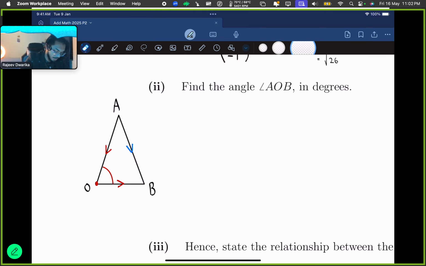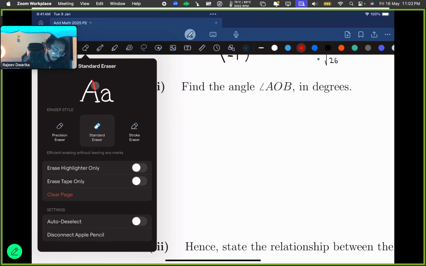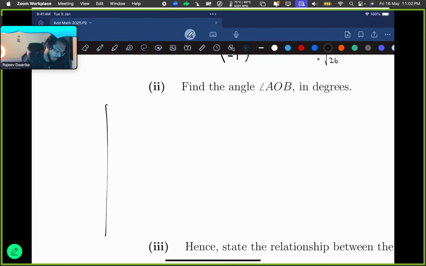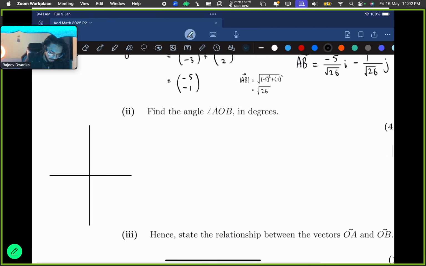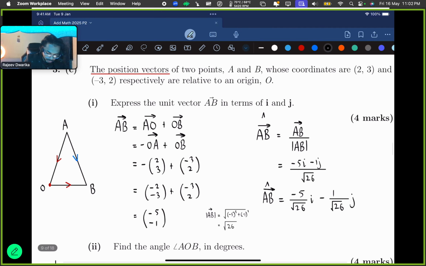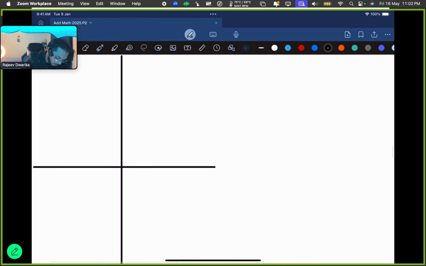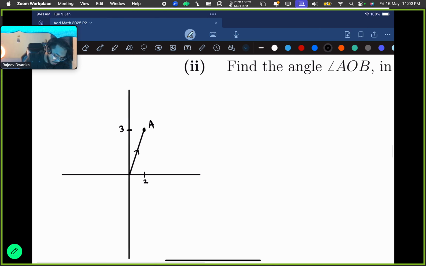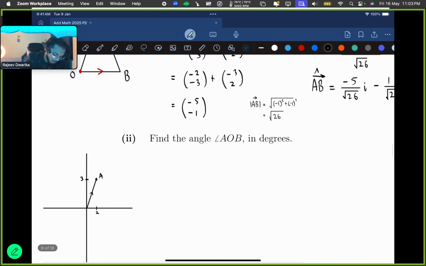Let me just do a little sketch so I don't confuse anybody. My mission is not to confuse anybody. So the first point is 2, 3. This could be 2 and this could be 3, and that will be A. Then the other point is minus 3, 2.